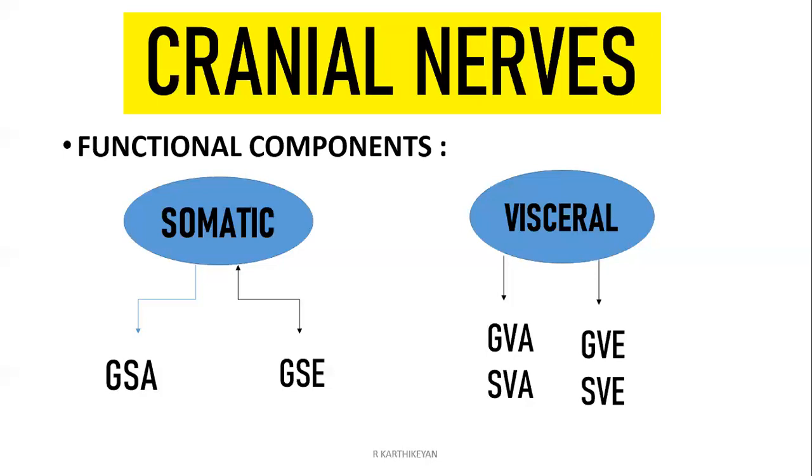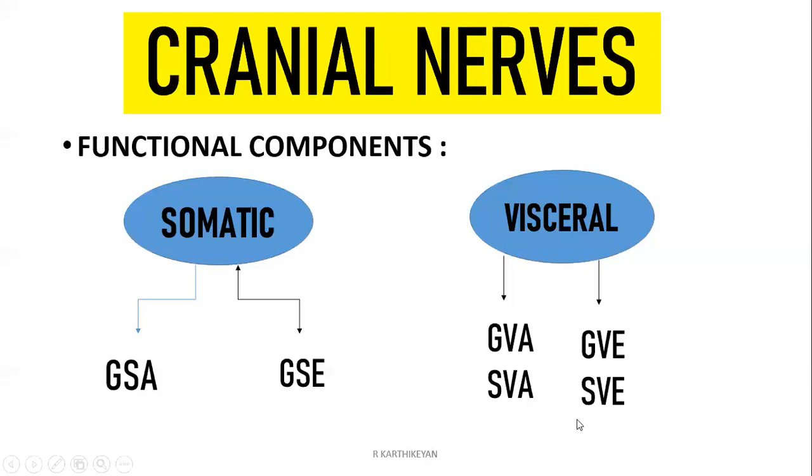Again, I'll repeat, afferent means sensation. So in viscera, what is the most general sensation that is present? You will have a distension of an organ, or you can have an ischemic pain or an ischemic injury that may reflect as pain. So these sensations are carried by general visceral afferents. Now special visceral afferents.